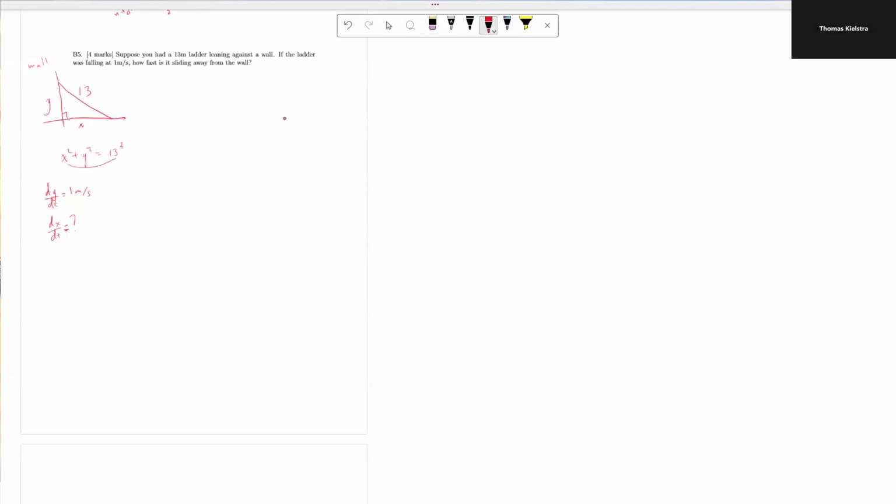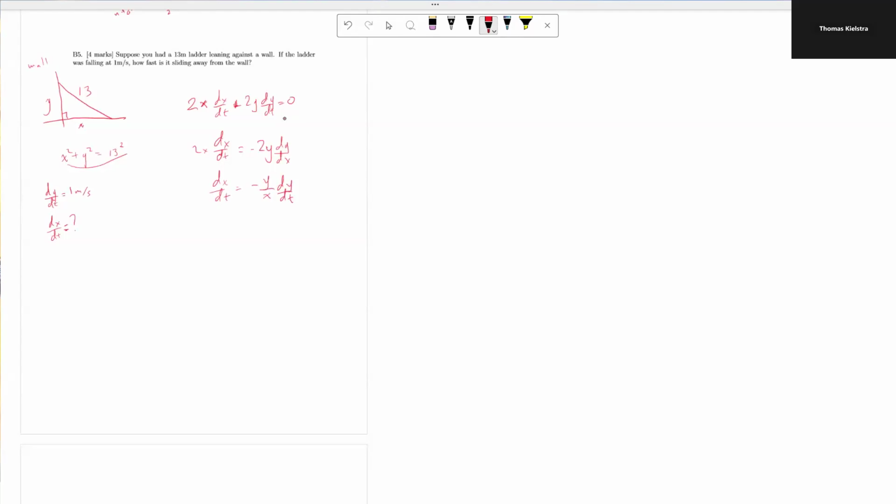So I'm going to take this expression and take the implicit derivative with respect to time. So it's 2x dx by dt plus 2y dy by dt equals 0. So 2x dx by dt equals minus 2y dy by dt, or dx by dt equals minus y over x dy by dt.